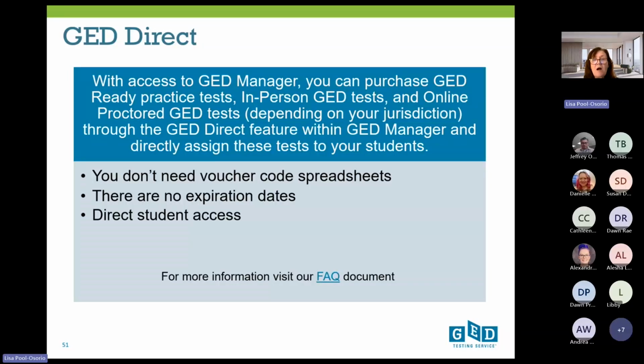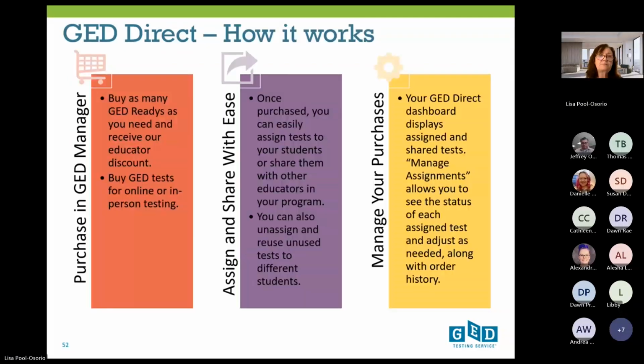Right now on GED Direct, you can get in-person official tests, OP, online proctored official tests, the GED Ready practice tests, and now they just added the retake vouchers as well in there. So you can get as many Ready tests as you need.